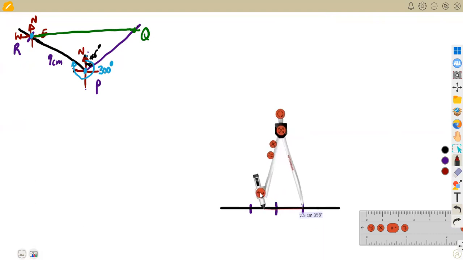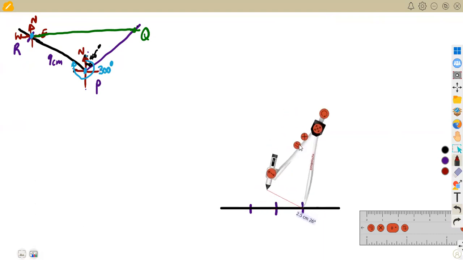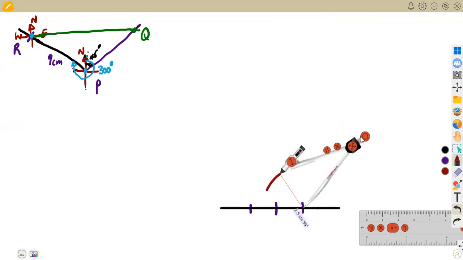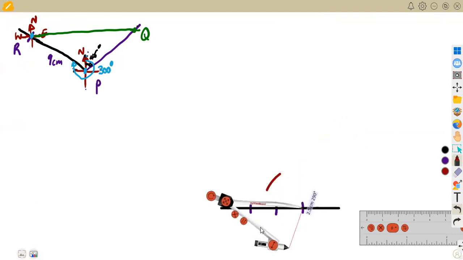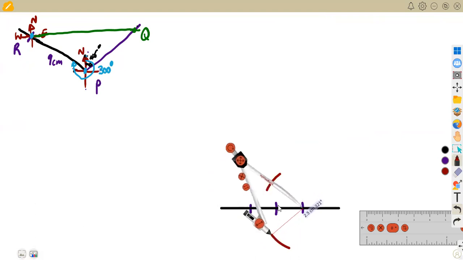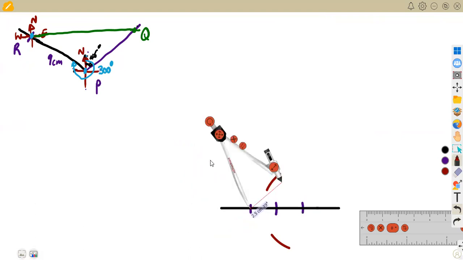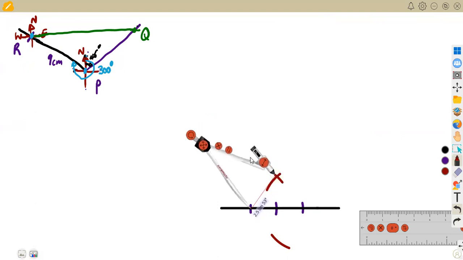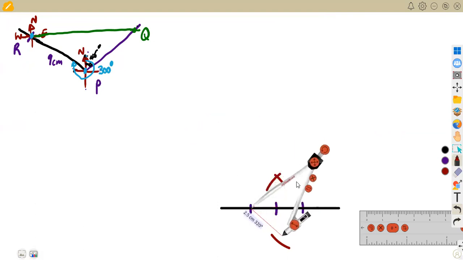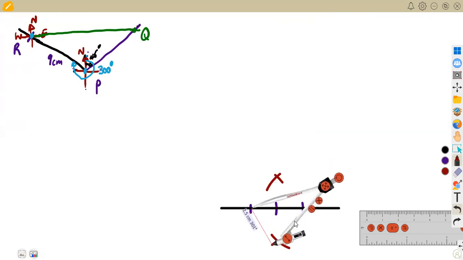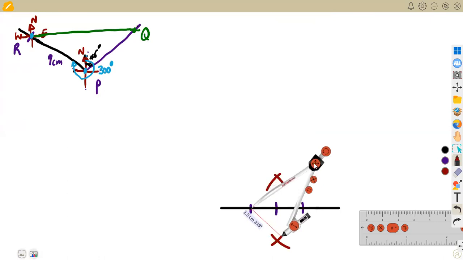Construct an arc on top and another arc down. Without changing the distance, marking from the other point here, do the same thing: an arc on top and another arc down, without changing the distance that you are having here. So you're going to have an arc there.